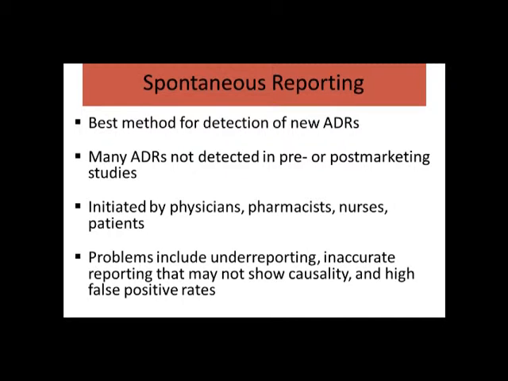So there can be patient factors, there will be doctor factors, there might be system factors. So all this plays a role if we are looking into spontaneous reporting. But anyhow you take it, it is one of the best methods of detection of the new ADR, because the drug will show its ADR, maybe a rare ADR in a specific patient.